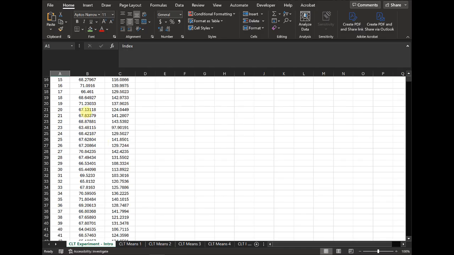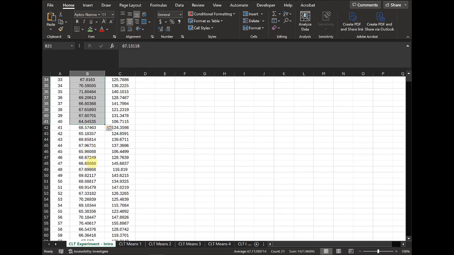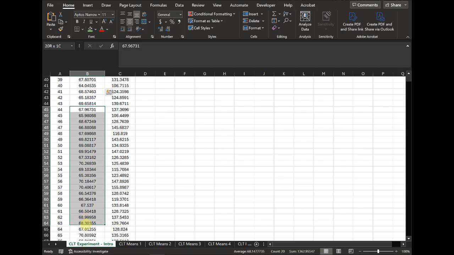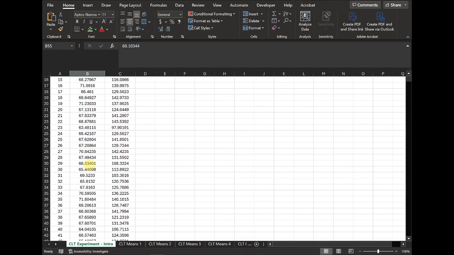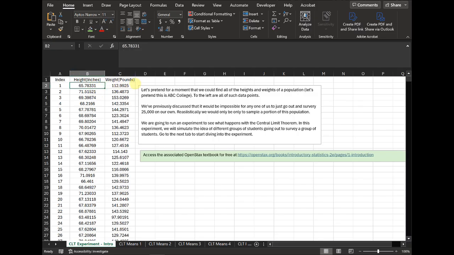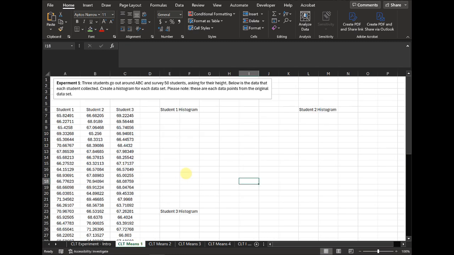Maybe I would survey, say, students 20 through 40, somehow randomly collecting these data points. But then somebody else surveys a bunch of people, say 44 through 64, and that would be their data set. So this is something we understand about sampling: you can't get the whole population, you're just getting a piece of it. Okay, so let's start going through this.